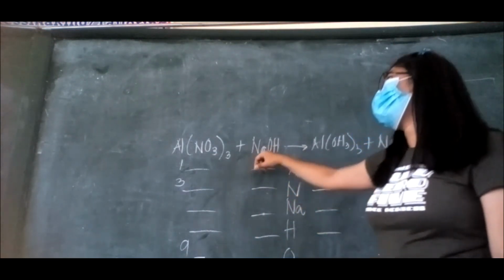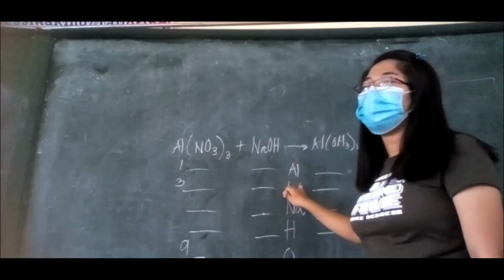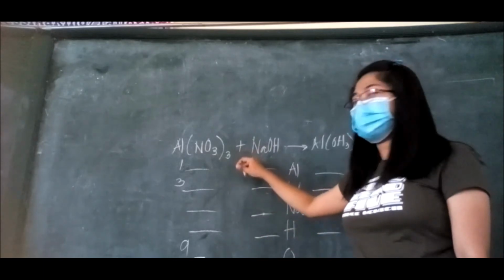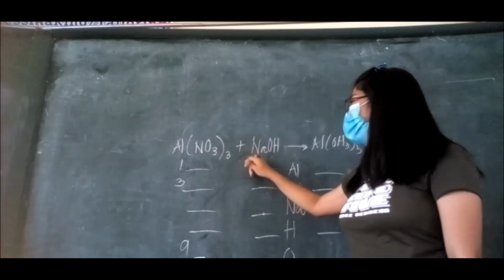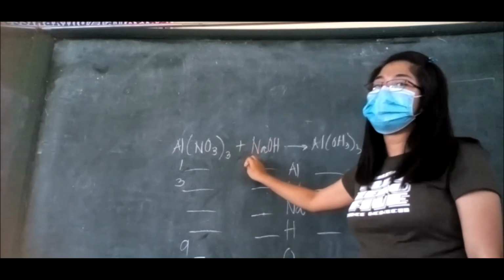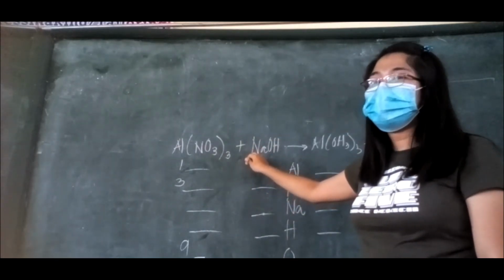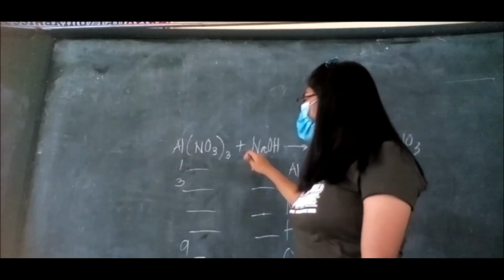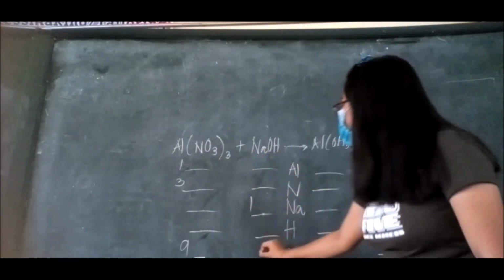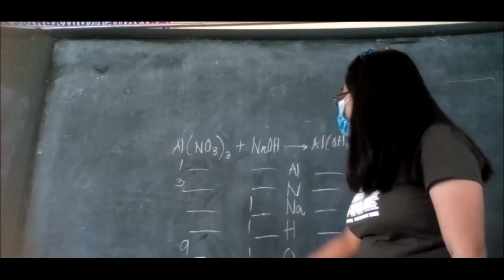Aluminum, we don't have there. Nitrogen, we don't have. Now, this is sodium. It exists as one element, sodium. You cannot write it as nitrogen because that's simply N. So we have to write 1 sodium here, 1 oxygen, and 1 hydrogen.